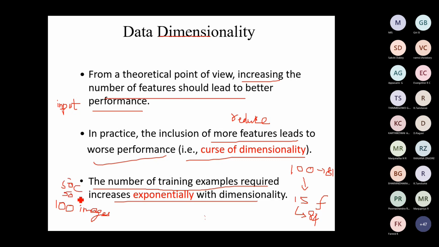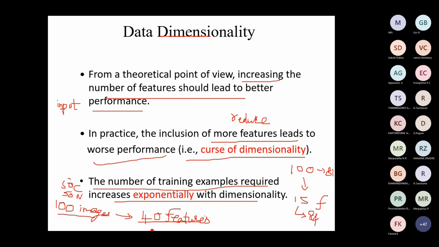So totally we have 100 images. And for each image, we are extracting, let us say, 40 features. Actually, the number of features is very high. In this case, the number of images used here is only 100, but the number of features is 40.